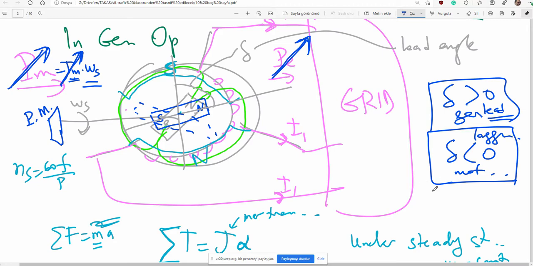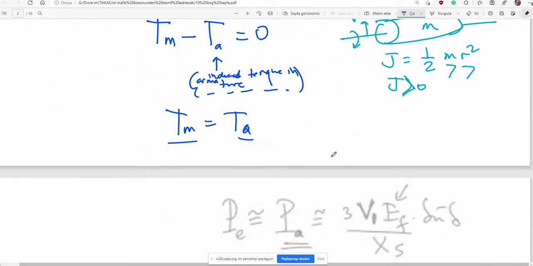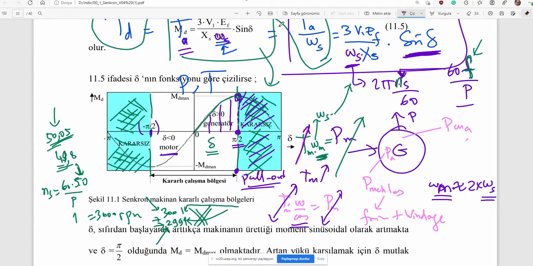And then when you apply much more mechanical load to the rotor, delta will decrease down to somewhere here. When you increase load, delta will go down to here and finally here. When you reach minus pi over 2 radians, the relation between rotor and magnetic field will be broken and the machine goes out of stability.